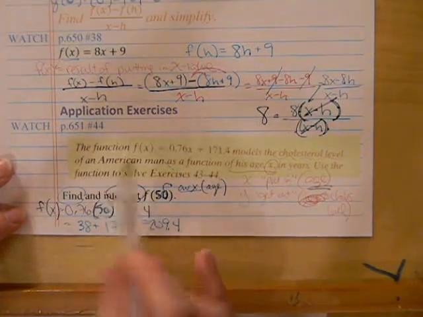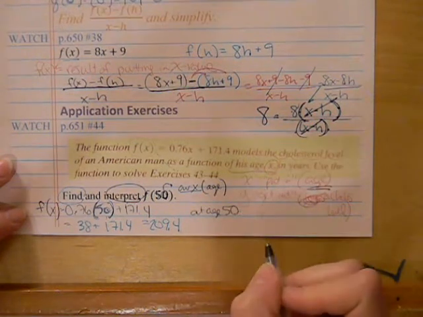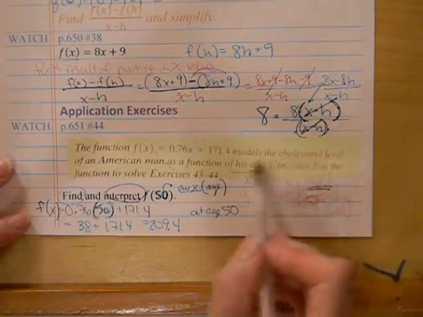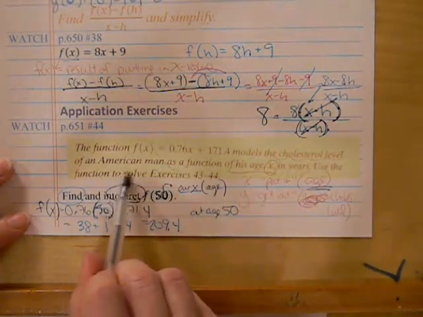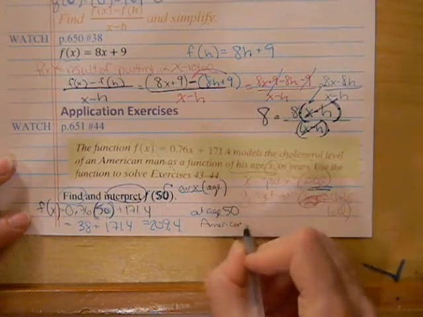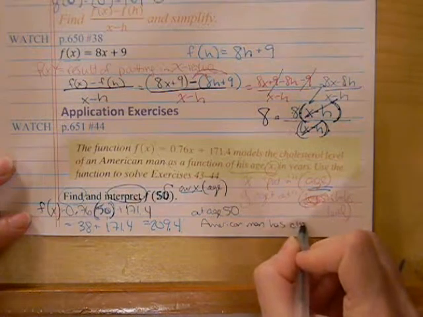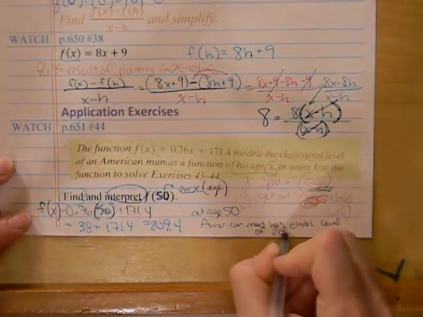And the interpretation is, at age 50, an American man should have, or will have, a cholesterol level of 209.4.